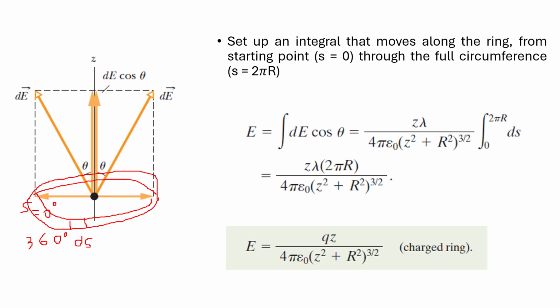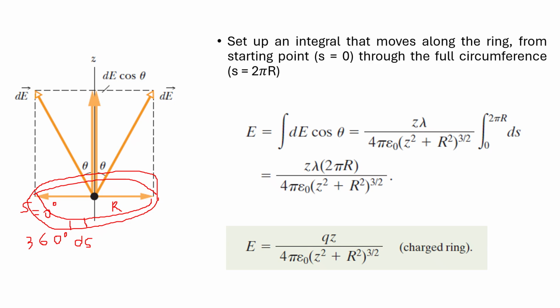That's why the integral goes up to 2 pi r, where r is the constant radius, from 0 to 2 pi r of ds along this arc length.